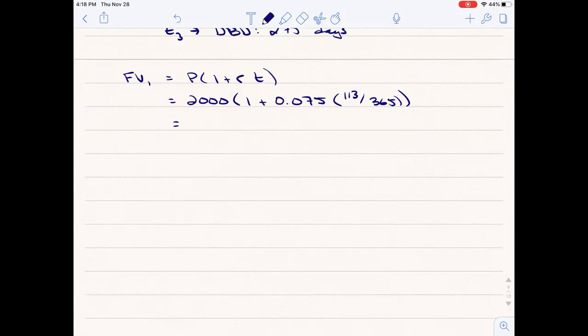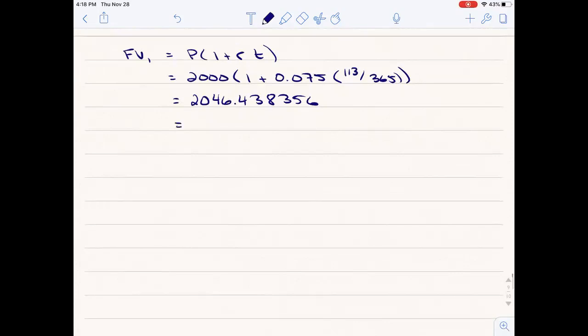Very simple math: 113 divided by 365 times 0.075 plus 1 times 2,000, which means you don't have to show your work either. 2,046.438356. Rounding to 2 decimal places though, because it's money, 2,046.44.